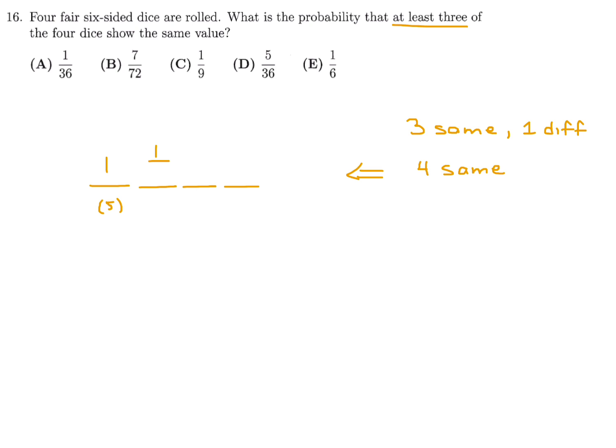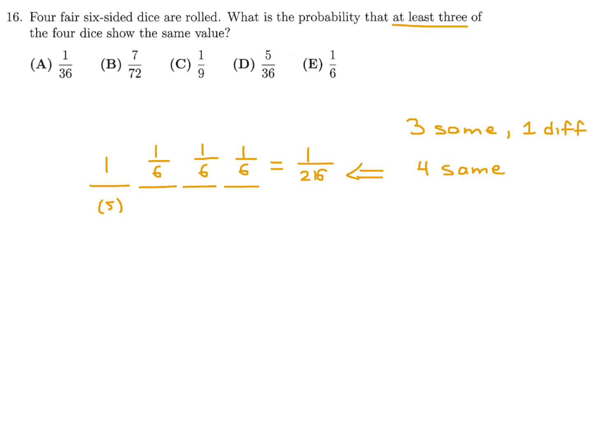So there's a 1 out of 6 probability of getting a 5 for the second roll, 1 out of 6 for the third roll, and similarly 1 out of 6 for the fourth and final. So this is the probability of getting 4 the same, and that is 1 over 216.